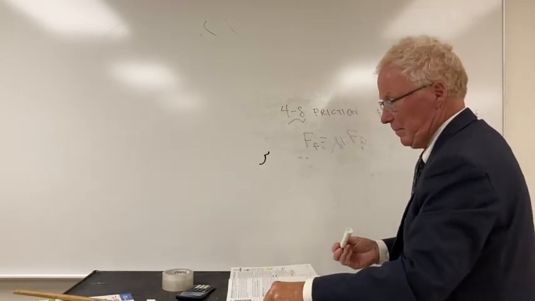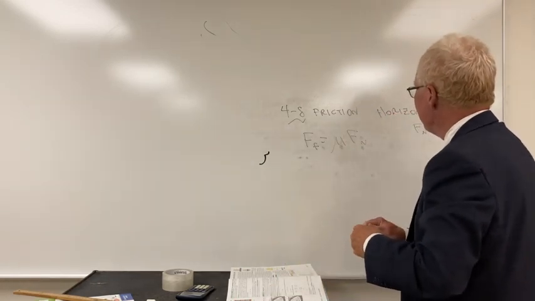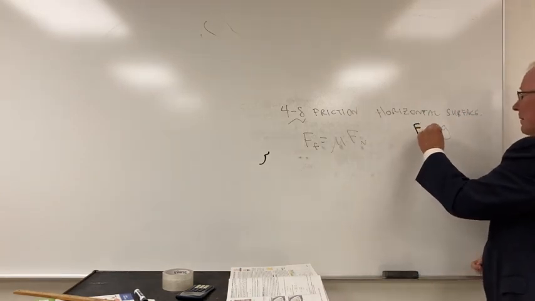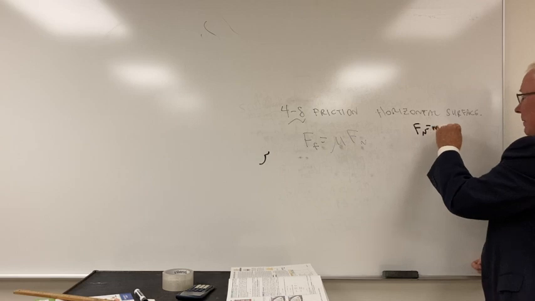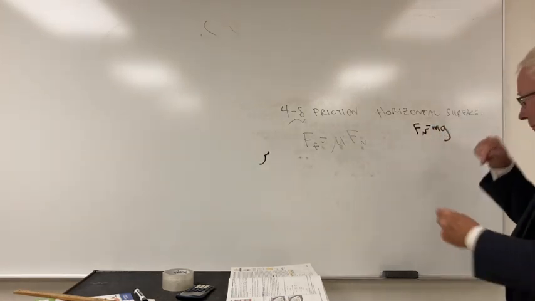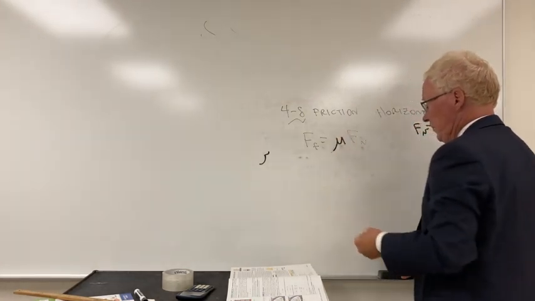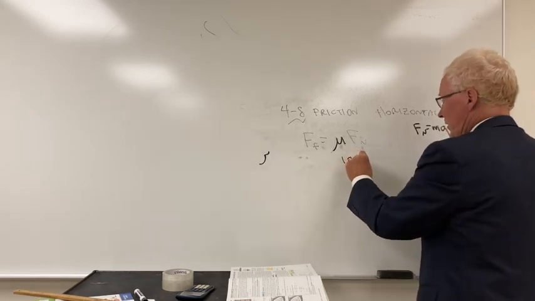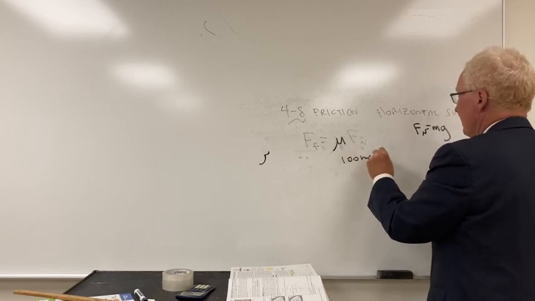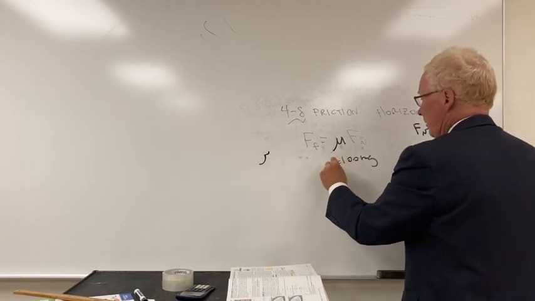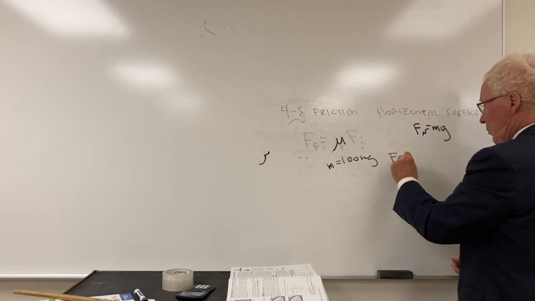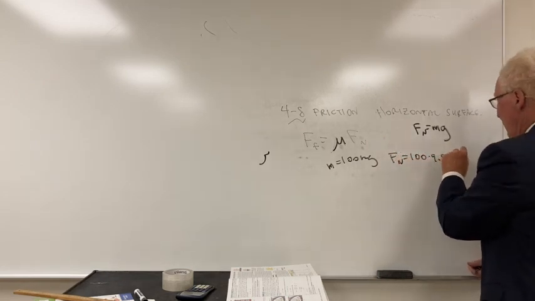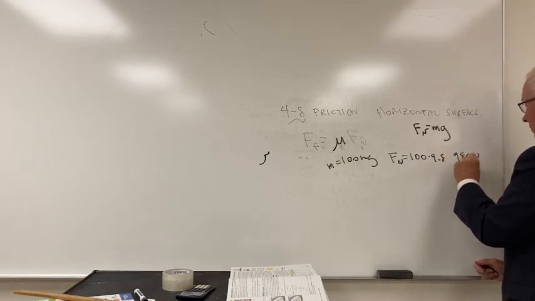We call this mu, the coefficient of friction. So as an example, if we have a weight with a mass of 100 kilograms, the normal force would be 100 times 9.8, or 980 newtons.